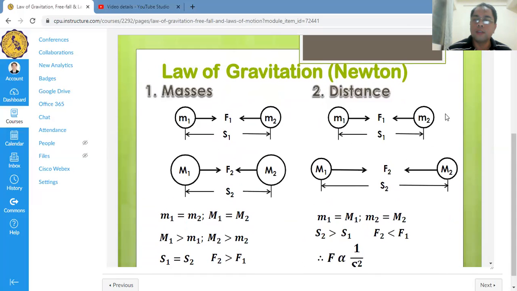There's this law of gravitation that tries to explain why some planets in our solar system have a greater force of gravity compared to other planets, or maybe a celestial body, like a satellite, like the moon. Why does the moon have lesser gravity than the Earth?